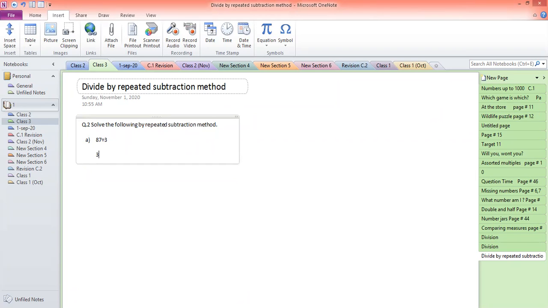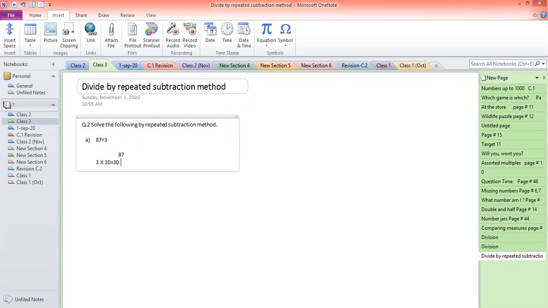So you just multiply 3 by 10, which equals 30, right? Write 87 first and down below multiply 3 by 10, which equals 30.